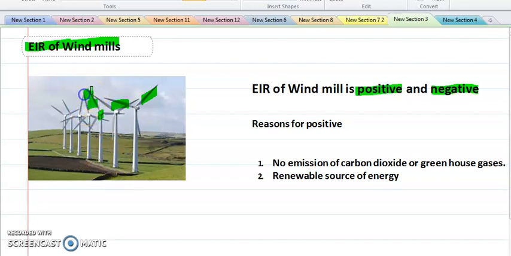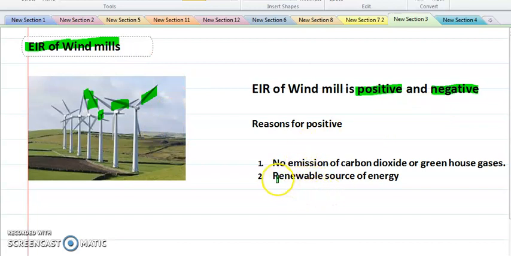So it is actually very environmental friendly that only a renewable source of energy is used, which doesn't emit any carbon dioxide or greenhouse gases. So on that basis, we can say its EIR is positive, because no emission of carbon dioxide or greenhouse gases is there because of the windmills. So this is the first reason for their EIR to be positive.